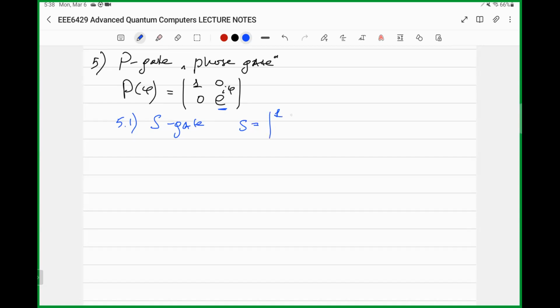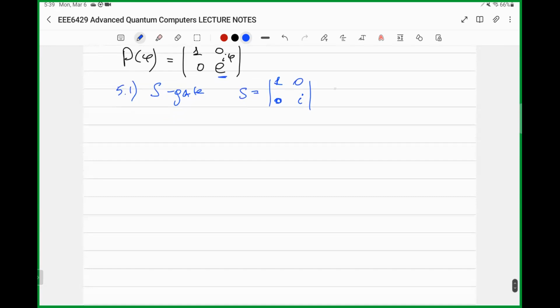So it is the matrix 1, 0, 0, e to the power of i pi over 2, where i is the imaginary unit. So it rotates around Z by the angle phi equal to pi over 2.